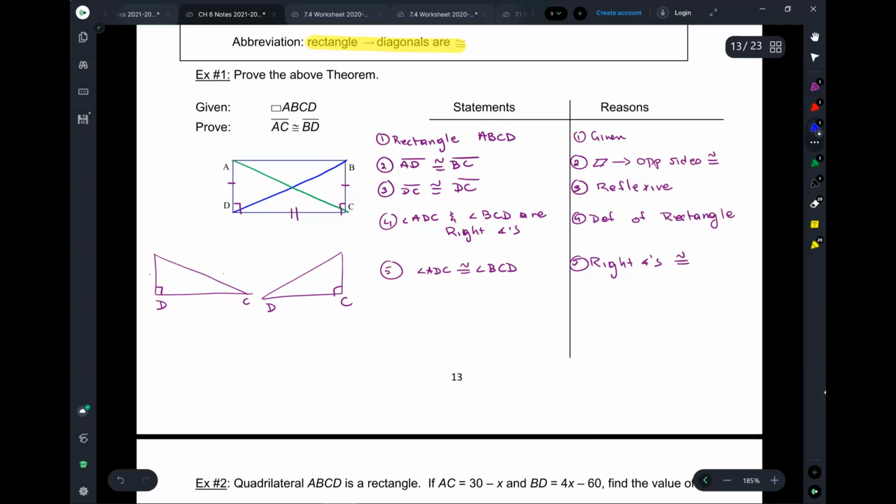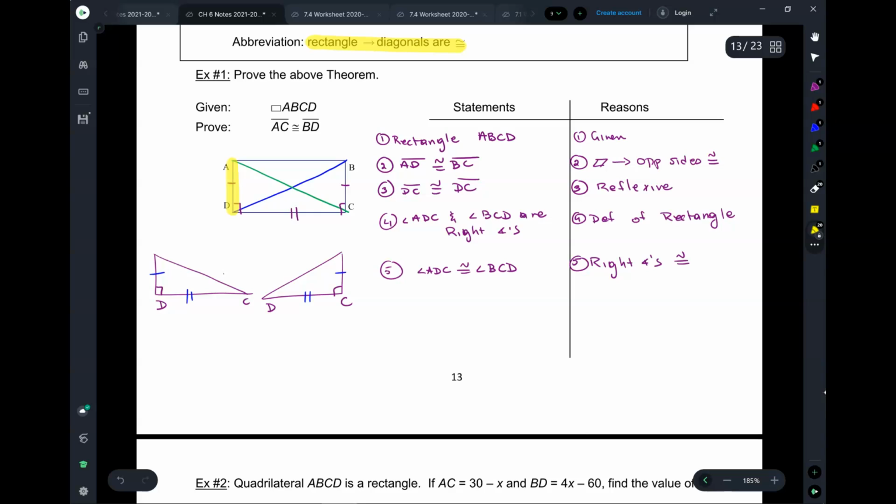Okay? So let's recap. What have we done so far? We've shown that these two sides are congruent. We've shown that these two sides are congruent. We just showed that those right angles are congruent. So now I can say that the triangles are congruent by SAS, right? So where are the triangles that we're talking about?